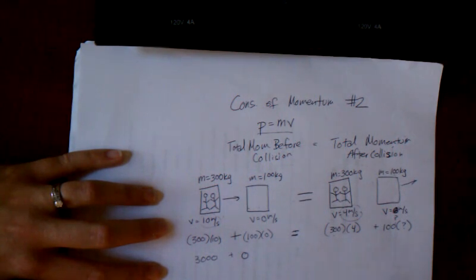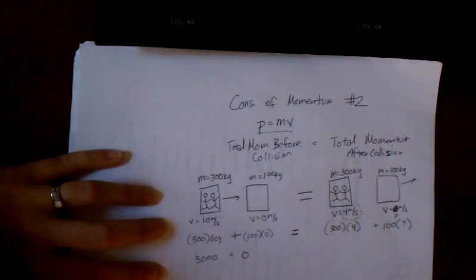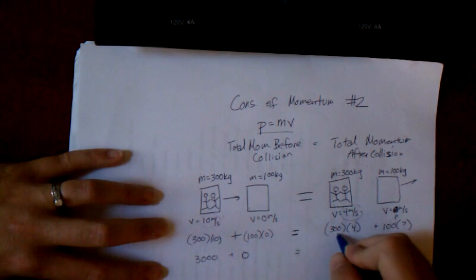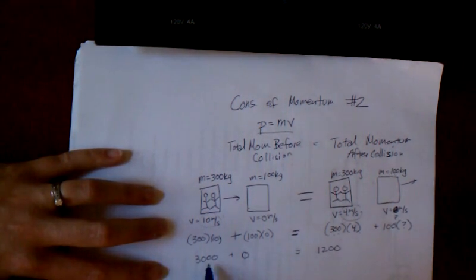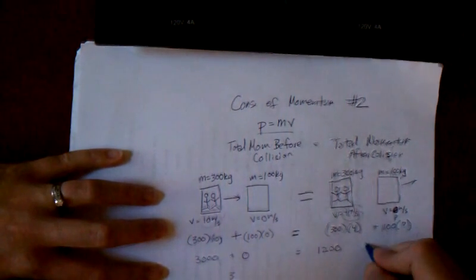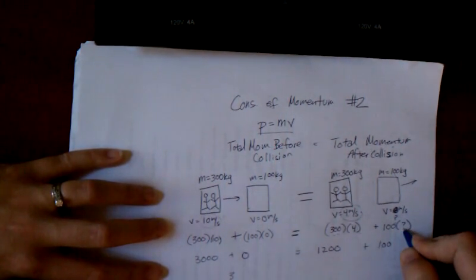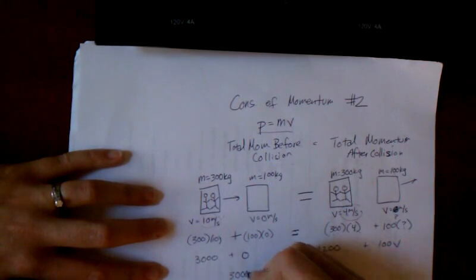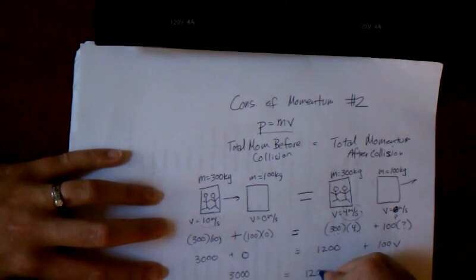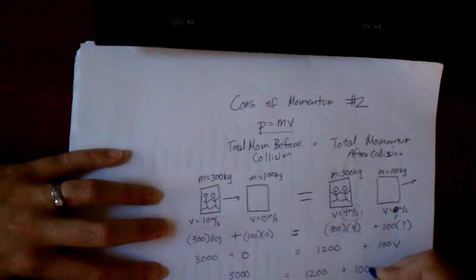That's what we're trying to find, okay? So that 300 times 4 is 1,200. I'm going to put a variable in for the question mark because I think it's silly to write question marks in my equations. So I'm going to write 100v. So 3,000 equals 1,200 plus 100v.